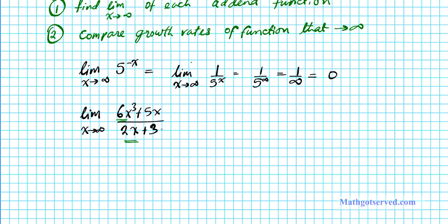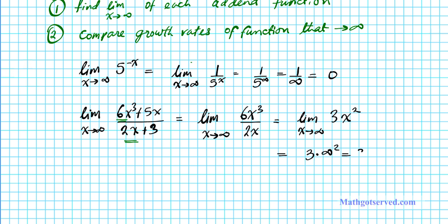So this becomes the limit of 6x to the third over 2x, which simplifies to the limit of 3x to the second power. When you plug in infinity, you have 3 times infinity squared, which is equal to infinity.